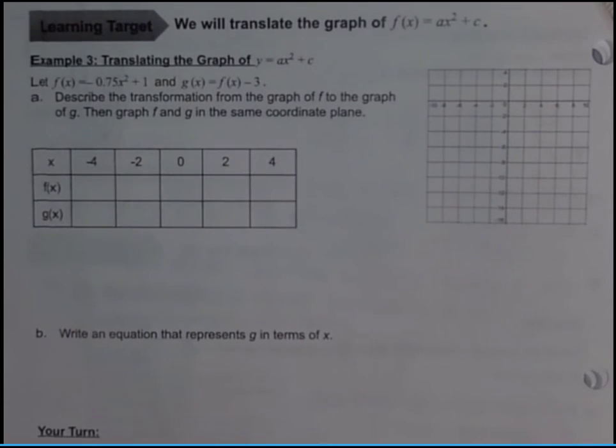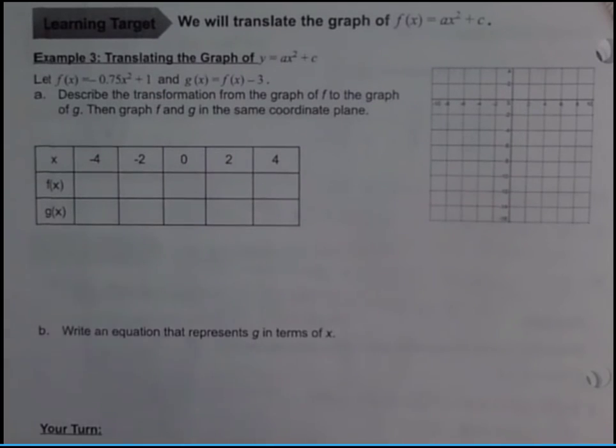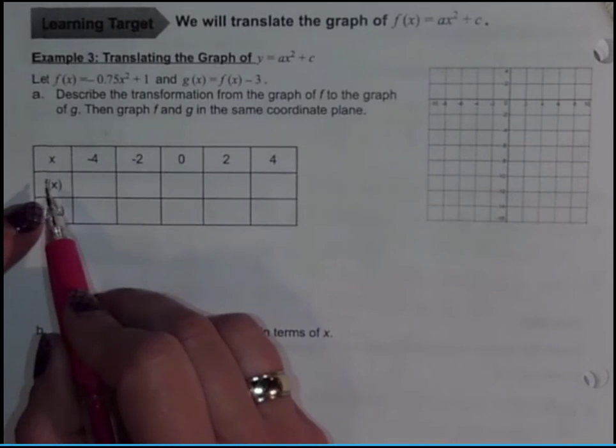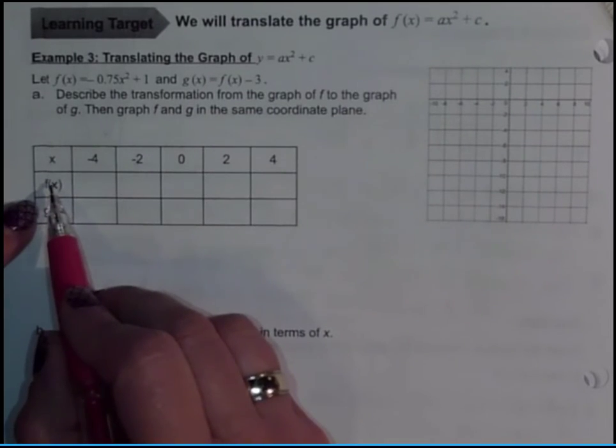All right, let's take a look at example 3 now. Describe the transformation from the graph of f to the graph of g, then graph f and g in the same coordinate plane. First thing we're going to want to do is set up a chart. So we've got f of x.